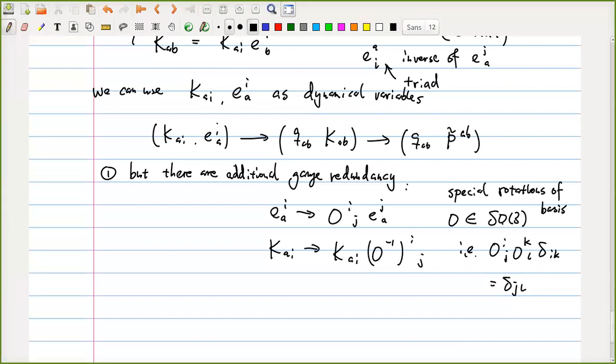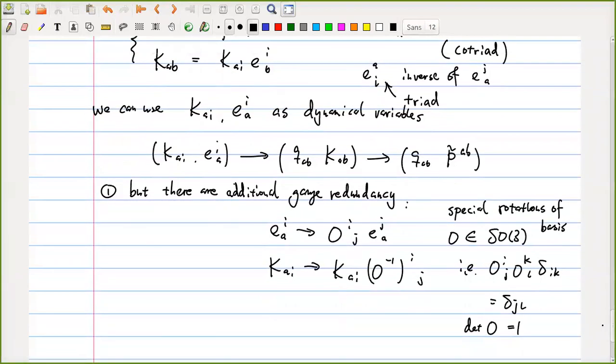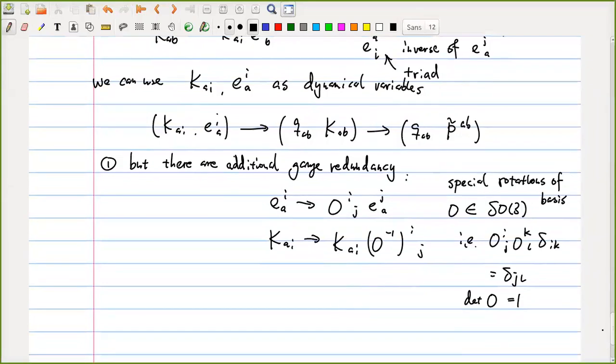This s means that the determinant of O equals 1. This formula tells us that the determinant of O can be plus or minus 1, but special rotation means that the determinant of O equals 1, so it fixes one sector of the gauge transformations.